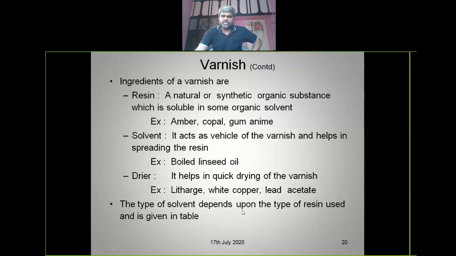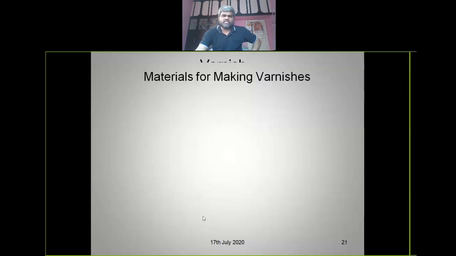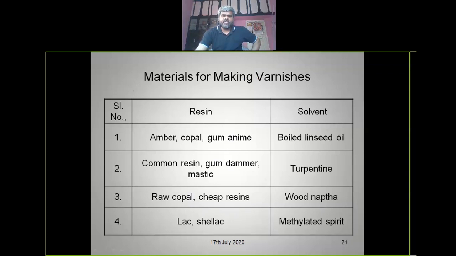The type of solvent depends upon the type of resin used, as given in the table. Materials for making varnishes: resins and solvents. So amber, copal, gum are used with solvents such as boiled linseed oil, turpentine, wood naphtha, and methylated spirit.